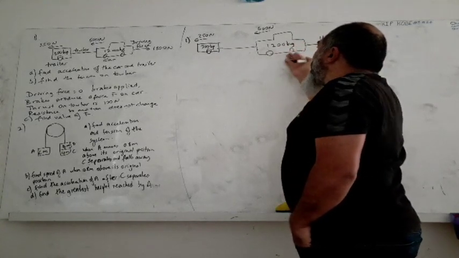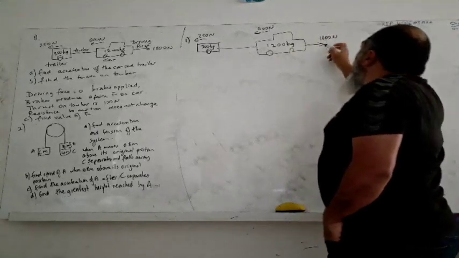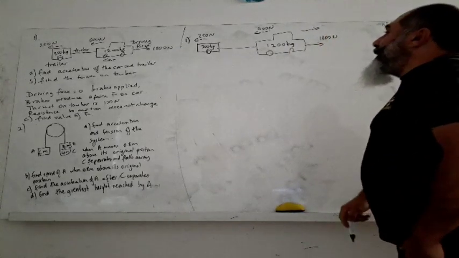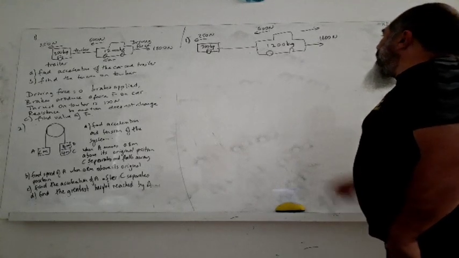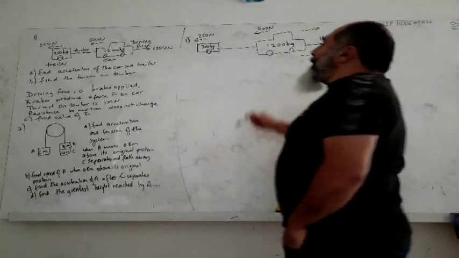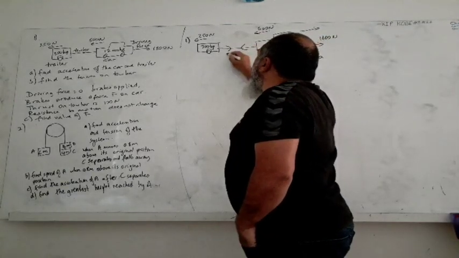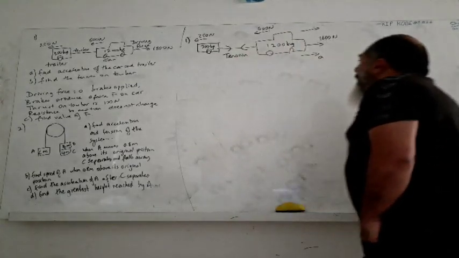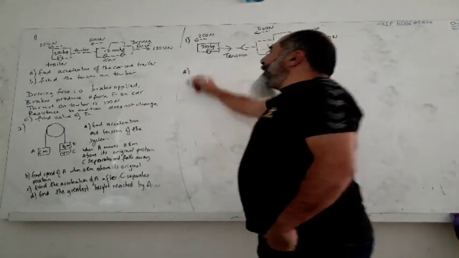The movement is to the right, and we have an acceleration to the right. So on the tow bar we have tension in pairs. First of all, the question is to calculate the acceleration of the car and the trailer.